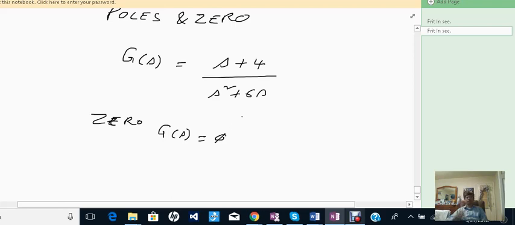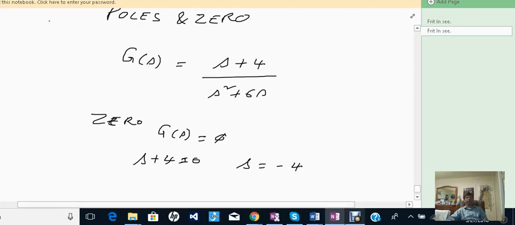The only way is if s plus 4 is equal to 0. If s plus 4 is equal to 0, then this transfer function is going to be 0. The one on the top is the numerator. If the numerator is equal to 0, s plus 4 equal to 0, then the zero is at s equal to minus 4.